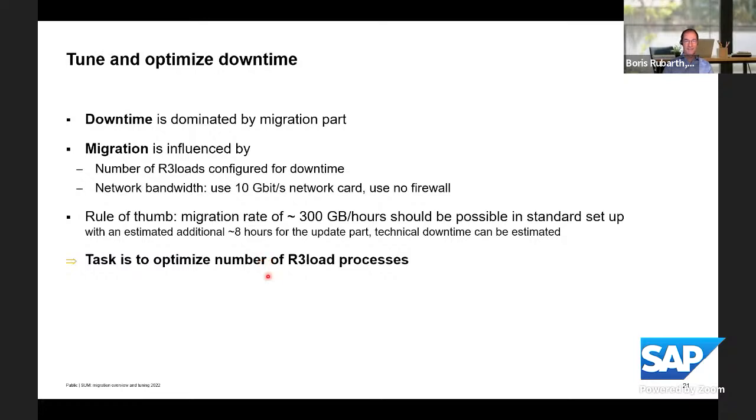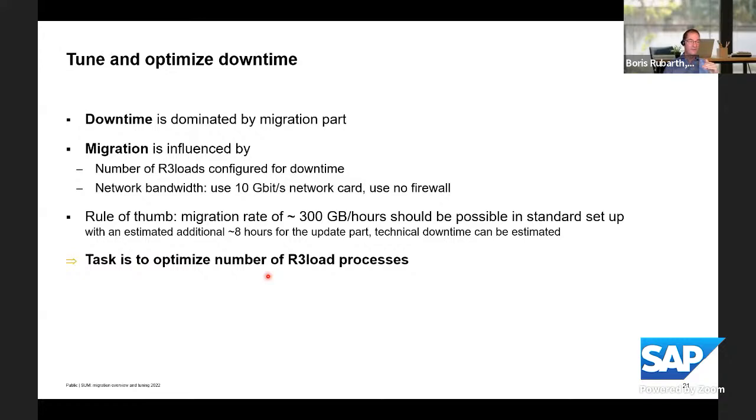So your task when you use the software update manager for database migration is you have to optimize the number of R3 loads. The table splitting is done by the tool. You have the task to find the best number of R3 loads. So you will have to iterate the procedure and find the best number of R3 loads. Again, there are default values by the tool.